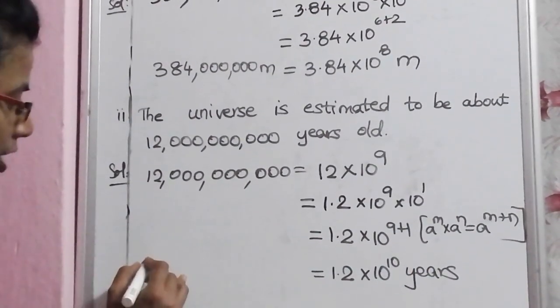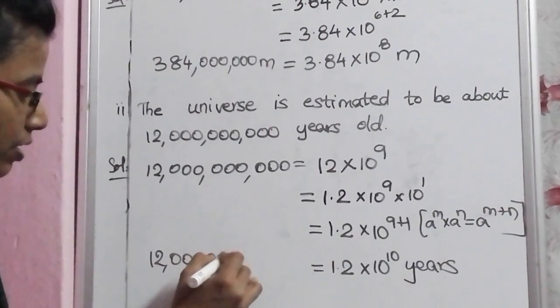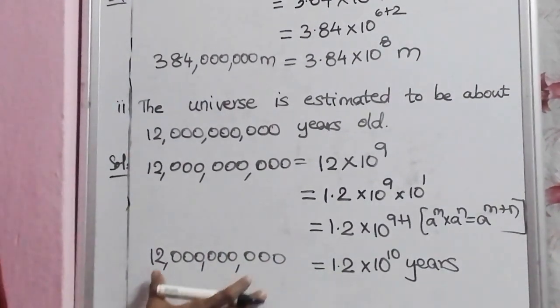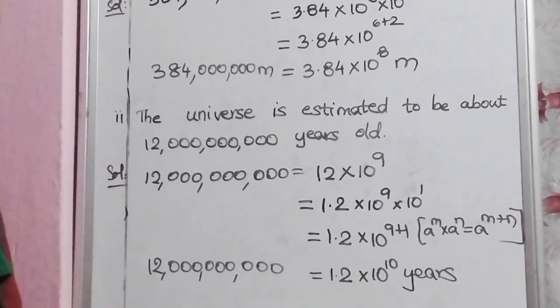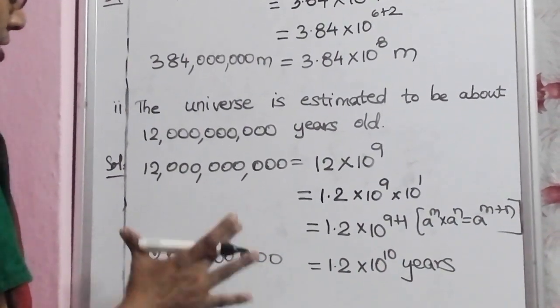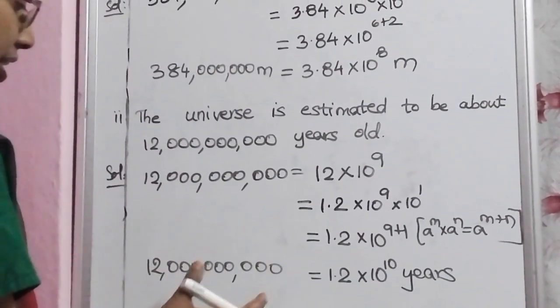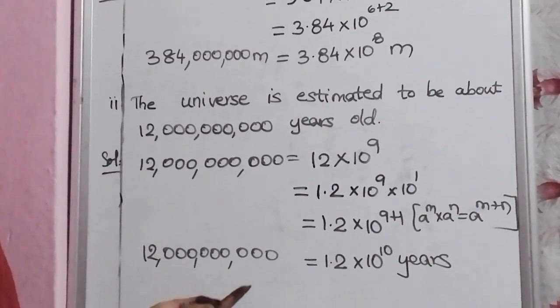So let's copy the value again. The standard form for expressing this is 1.2 into 10 to the power 10 years. If you look at the original number, it is difficult to read and difficult to understand.